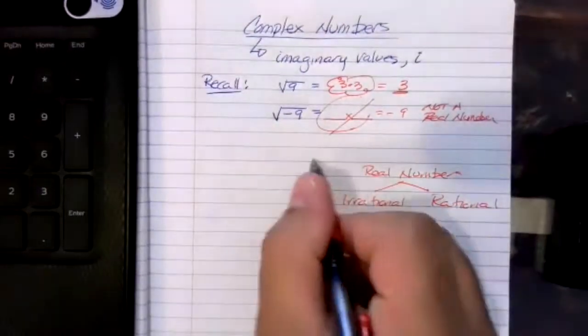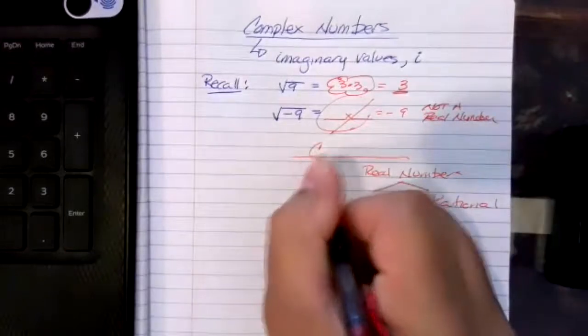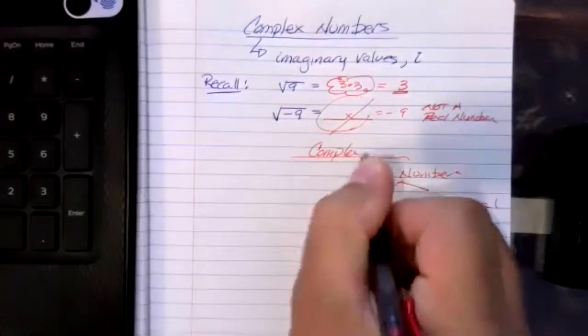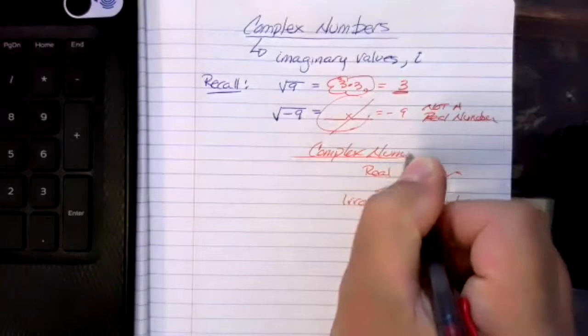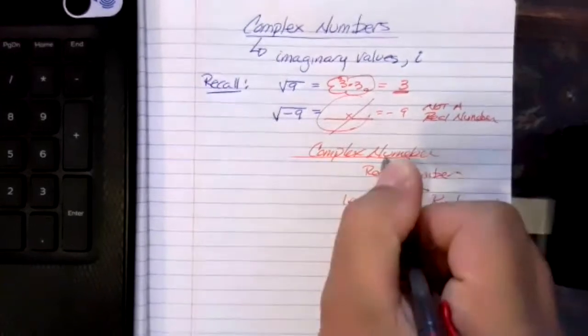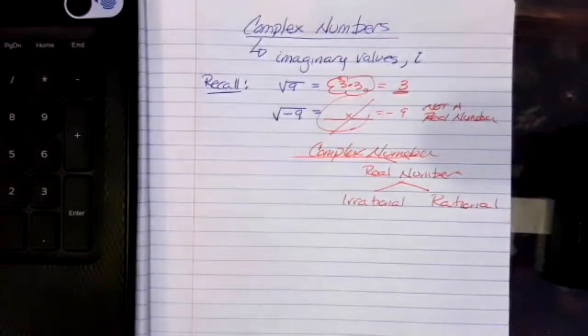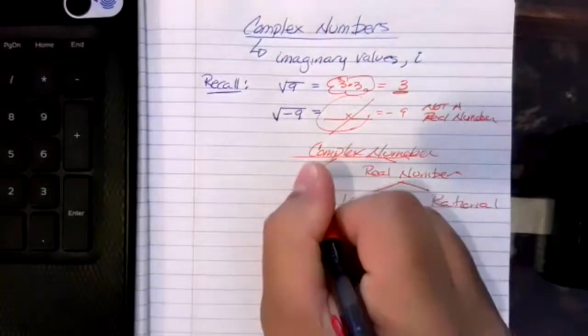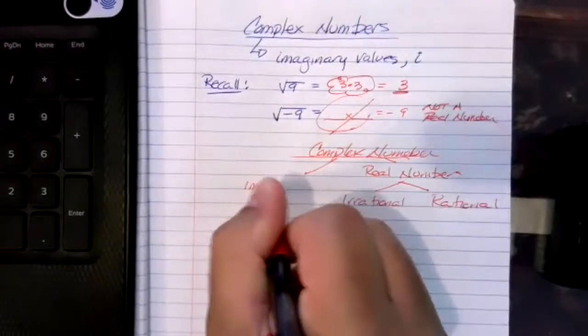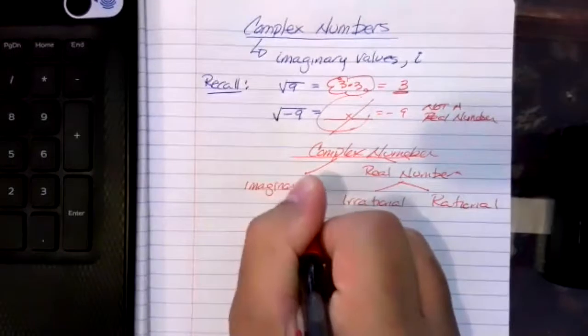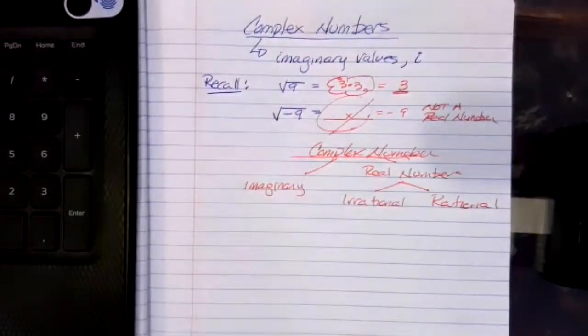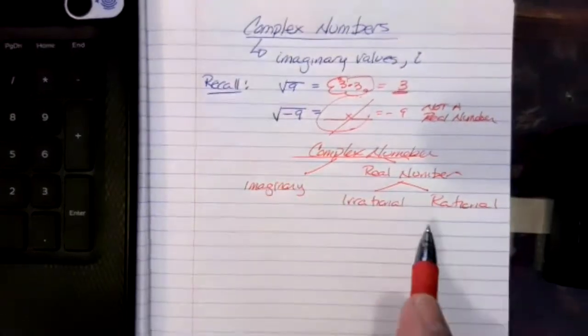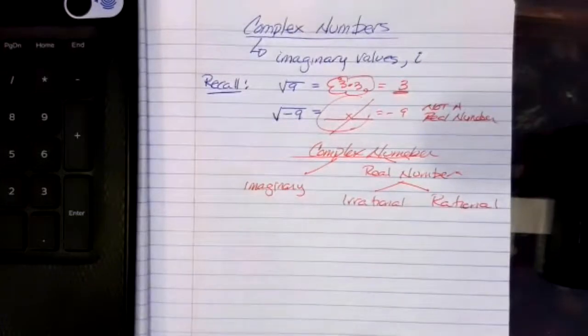But above real numbers is the complex number system. All real numbers are complex numbers, and all imaginary numbers are complex numbers. So real numbers are complex numbers and imaginary numbers are complex numbers.